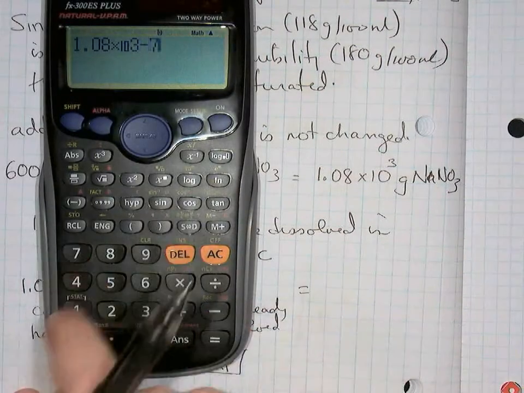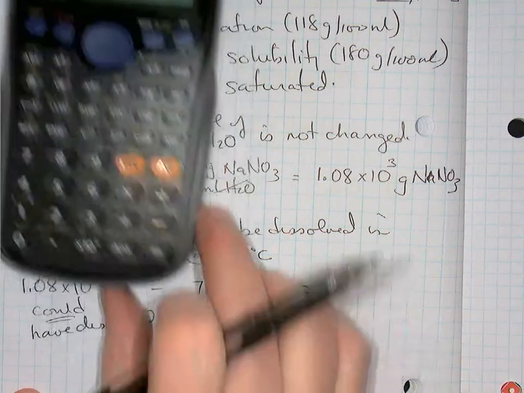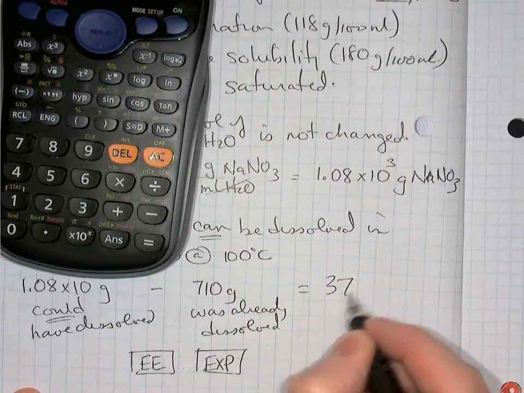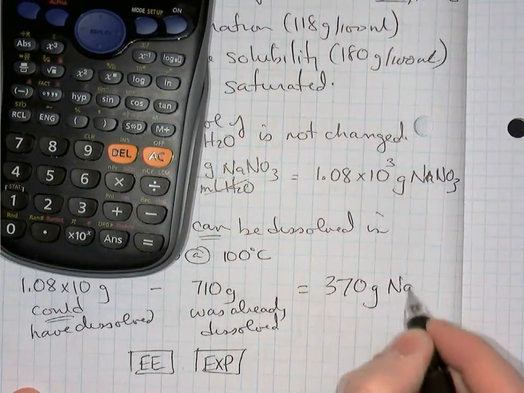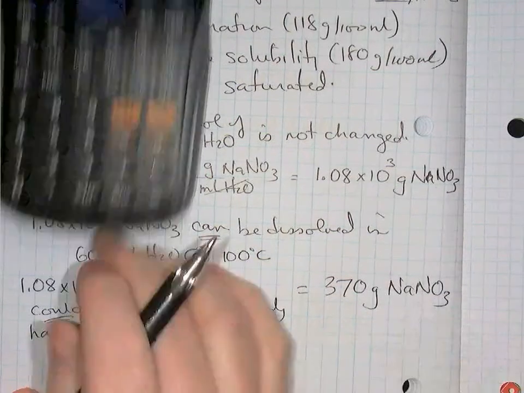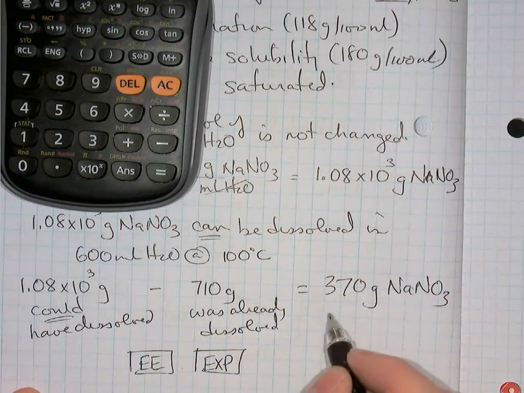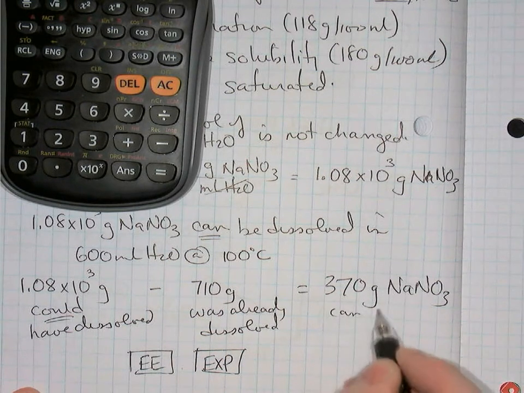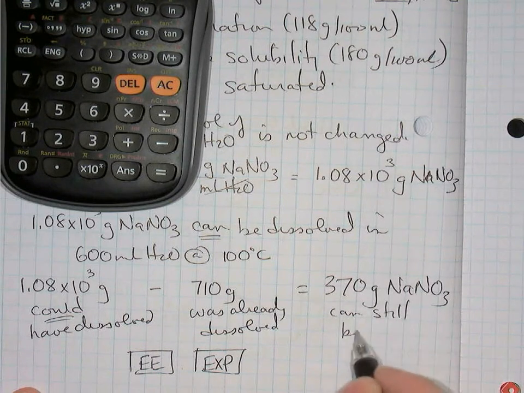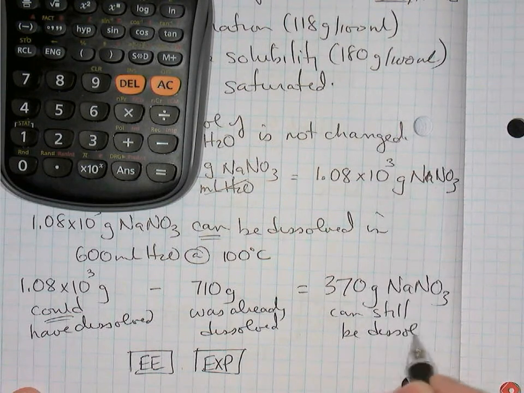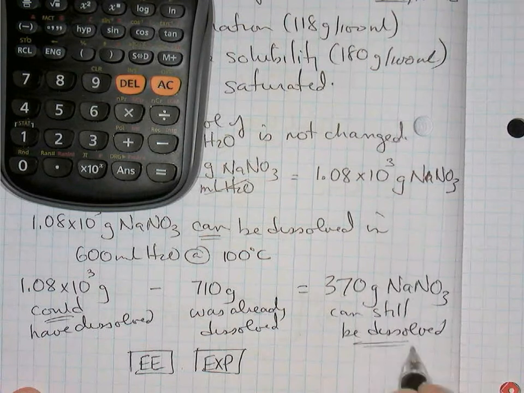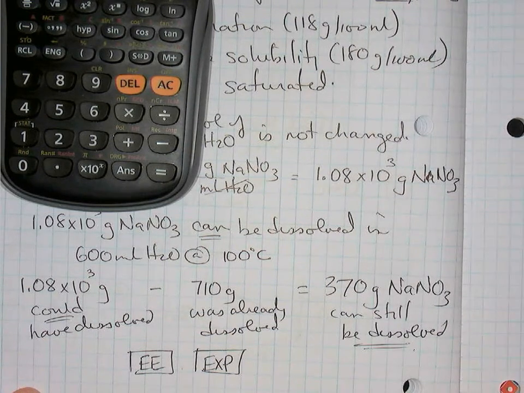So minus 710 equals 370 grams of sodium nitrate. Now what does this mean? If you could have dissolved this much, and we've subtracted what was already dissolved, then this 370 grams can still be dissolved. And when we dissolve this, the solution will now be saturated.